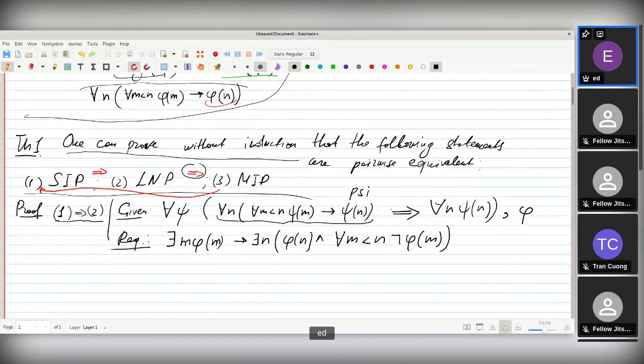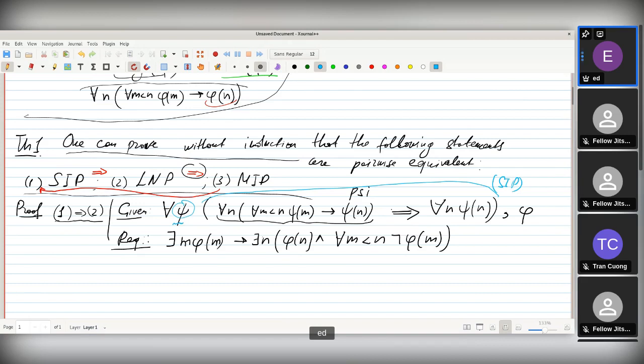Look, what is given? Something abstract, something high level. It is given that for every property, something holds. So the choice of this property, psi, to which to apply this strong induction principle, is mine.